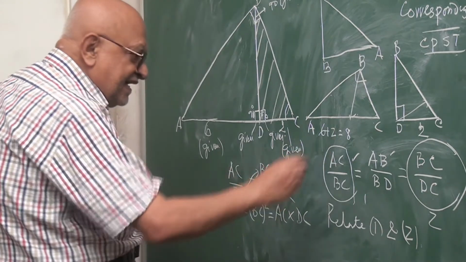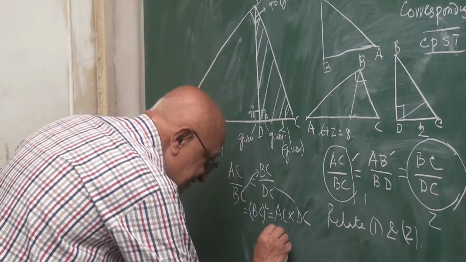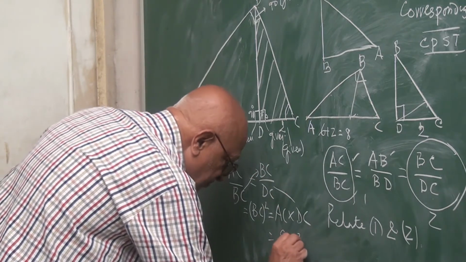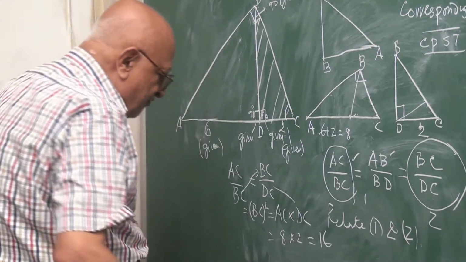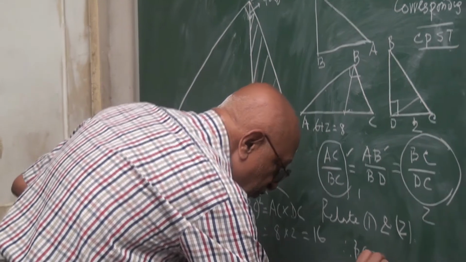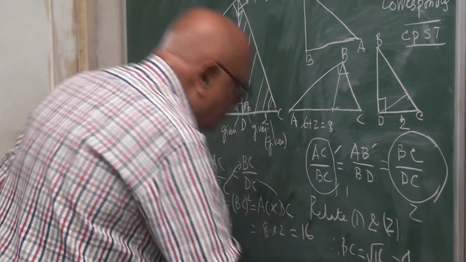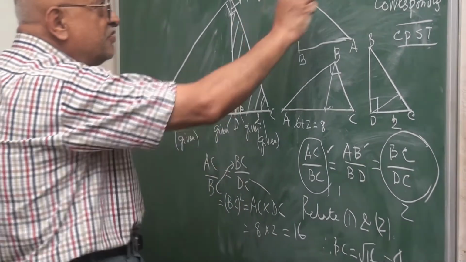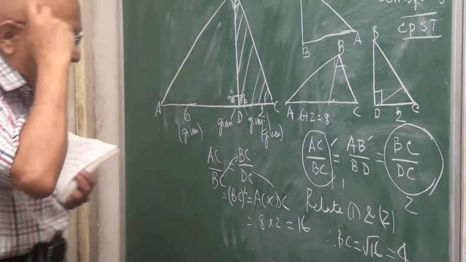We continue so that we don't have to change. What is AC? AC is 8 and DC is 2. That makes it 16. Therefore, BC is equal to root of 16, that is equal to 4. So we got the BC. I thought it is very interesting.